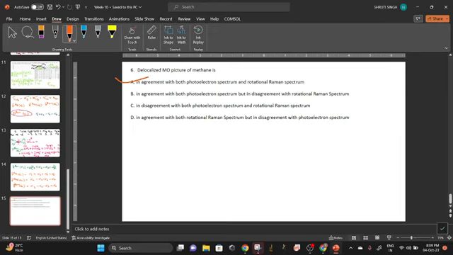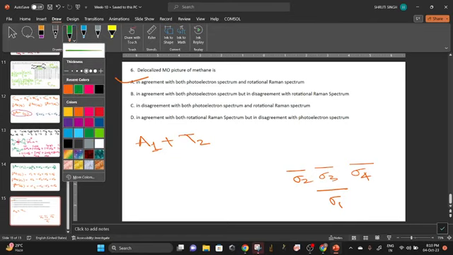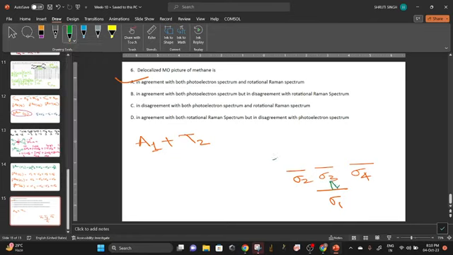So the correct answer is this, because the delocalized MO picture is the actual picture. So it gives A1 plus T2. This is sigma 1 and sigma 2, sigma 3, sigma 4, and these are all bonding, so these are all filled. But it does not mean that sigma 1 is one bond and these are the others.